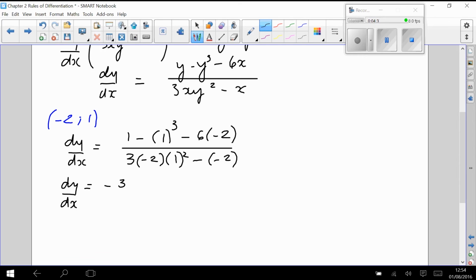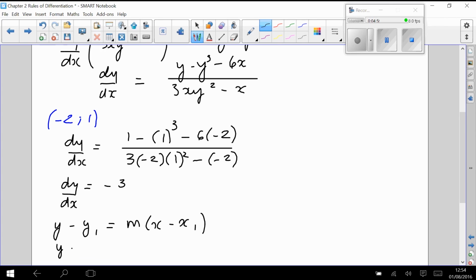We haven't quite finished answering our question, because the question asked for the equation of the tangent. And the equation of a tangent is always given to me by the equation of a straight line. So now I have to substitute all my values into y minus y1 equals m times x minus x1.